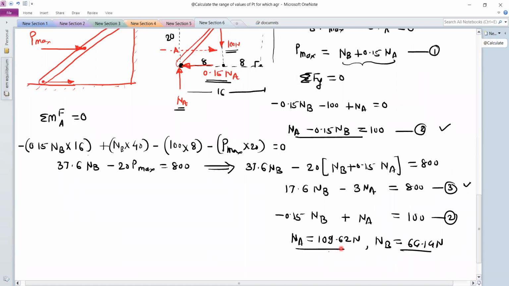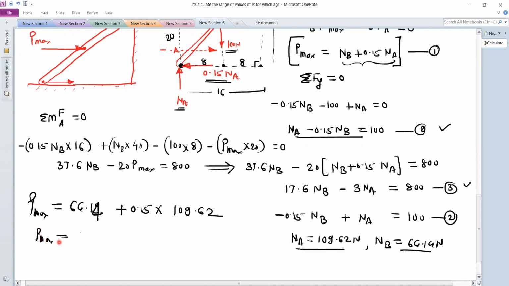Now put these two values in equation 1. Therefore P max is equal to NB, 64.14, plus 0.15 NA, 109.62. So you will get P max equal to 80.58 Newton.